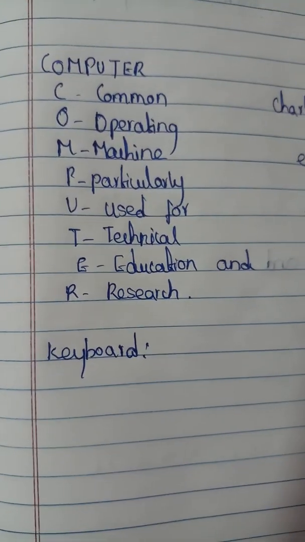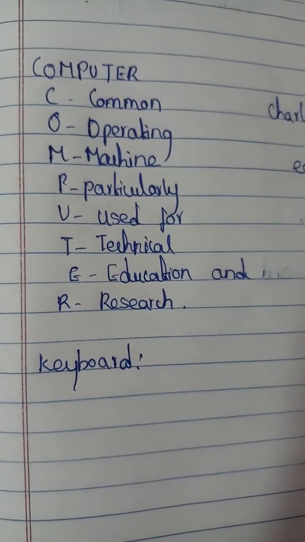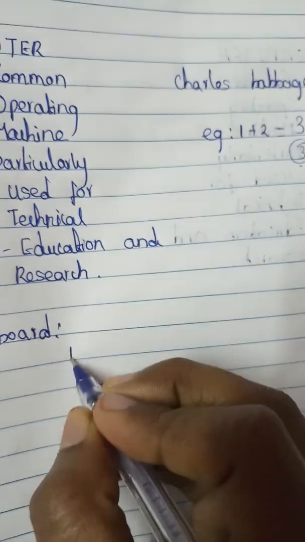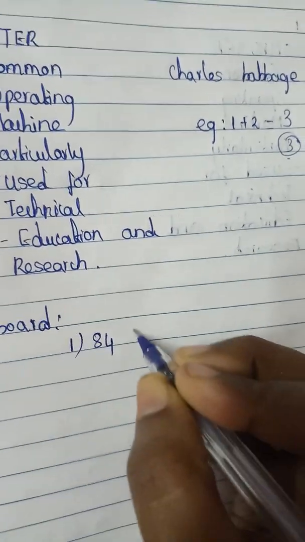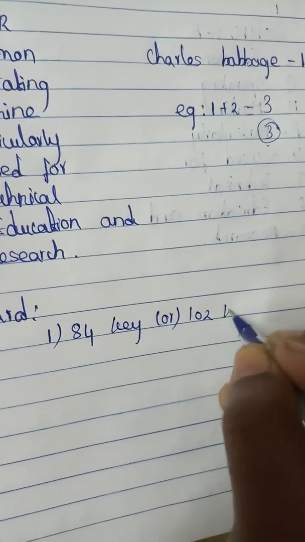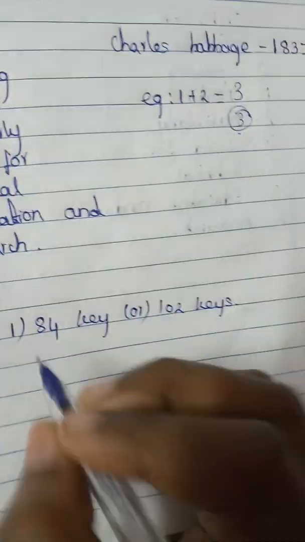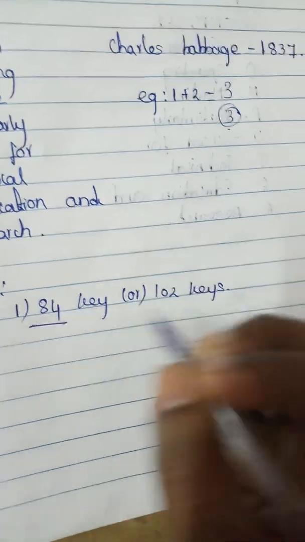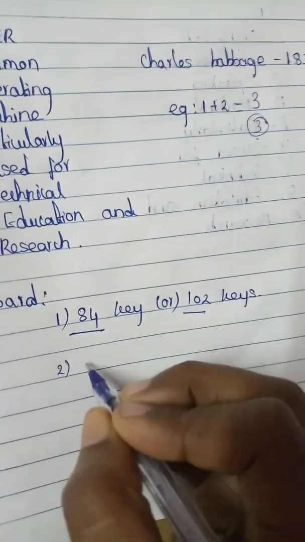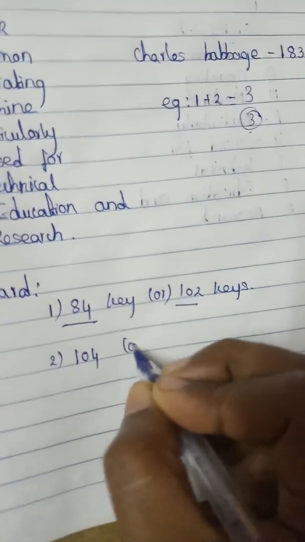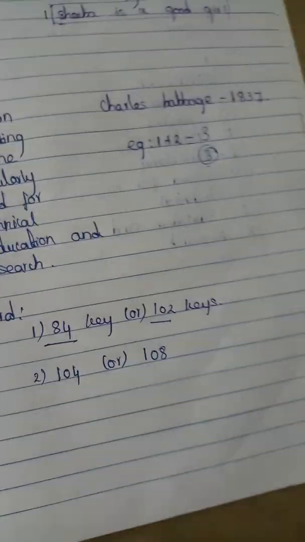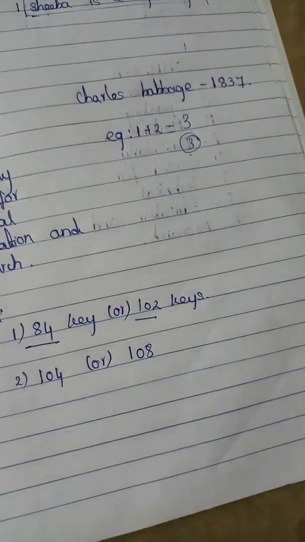There are two sizes of keyboards available. In olden days they had 84 keys or 102 keys. But now we have 104 or 108 keys.